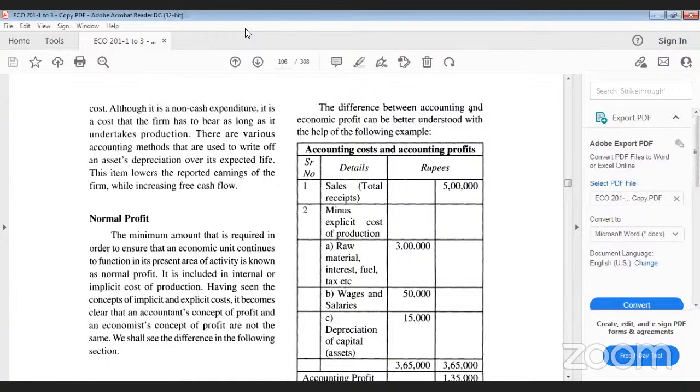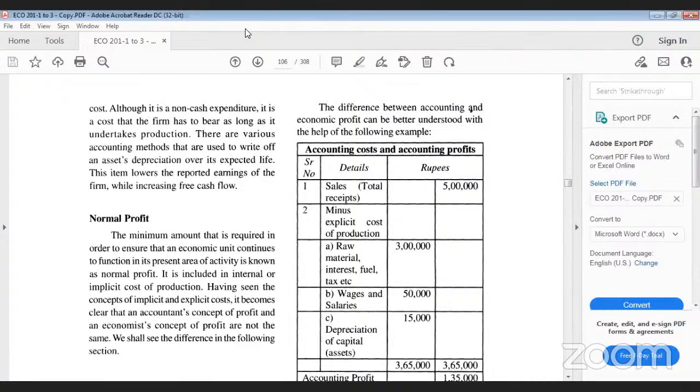Normal profit is the minimum amount that is required in order to ensure that an entrepreneur continues to function in the present area of activity. It is included in the implicit or input cost of production.